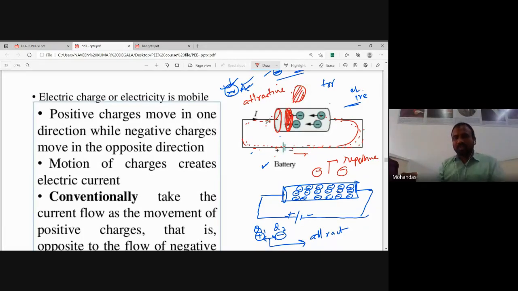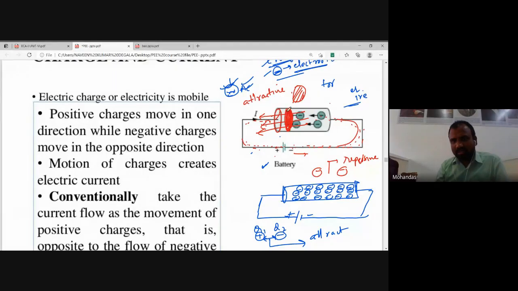Now, while these electrons are moving in a particular direction in the loop, the electrons are crossing this surface area. That means the charges are moving through this surface area.